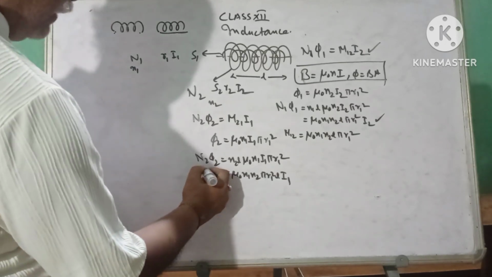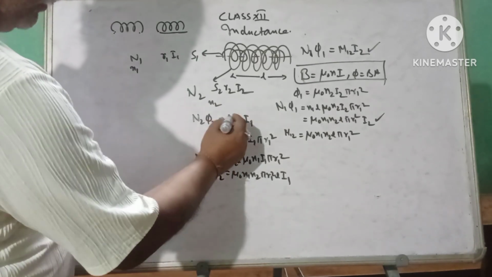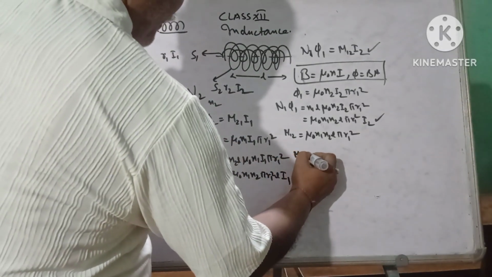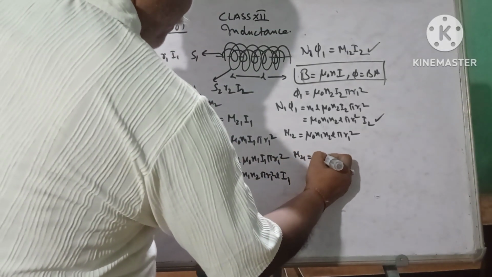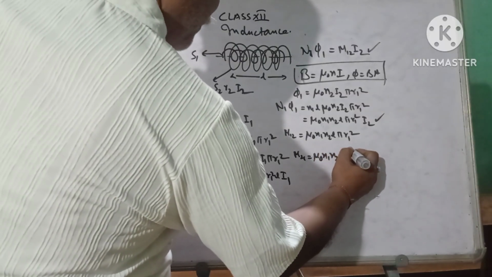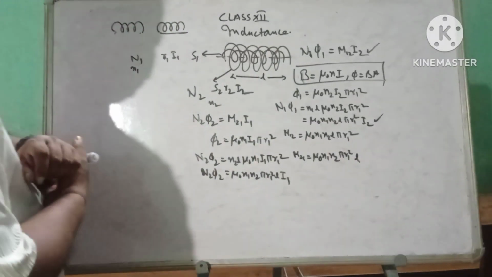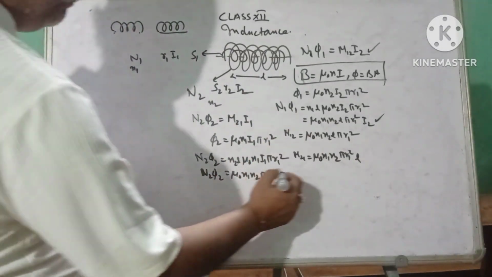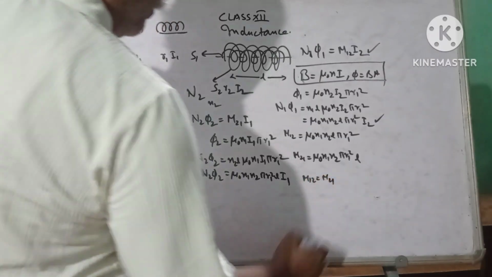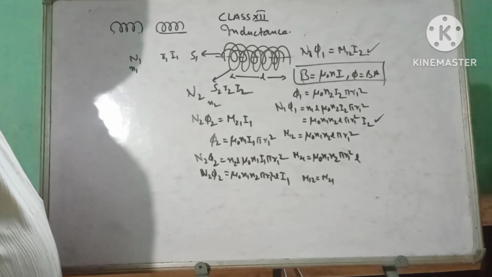So if you compare these two, you find that M21 is also constant N1 N2 pi R1 square and L. So you see that M12 is equal to M21.